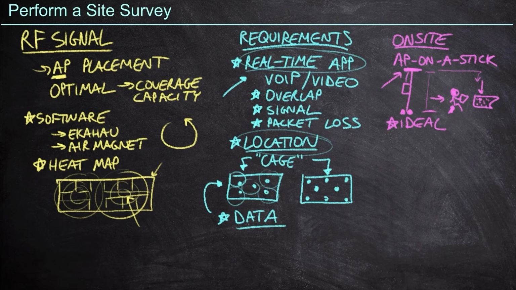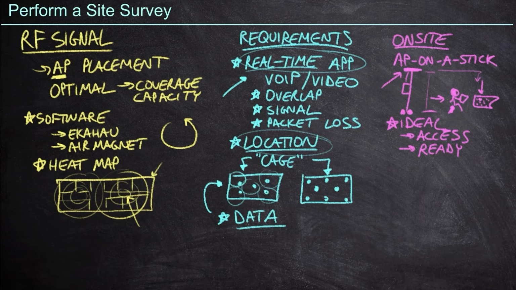However, there are a couple of roadblocks to this. First and foremost, it assumes that I have access to the location, which I might not have. It might be overseas. It might be too far away to drive, or maybe it's a dangerous chemical plant or something like that. Second of all, it might not be ready. I once showed up for a wireless site survey and literally the walls for the building were not up yet.